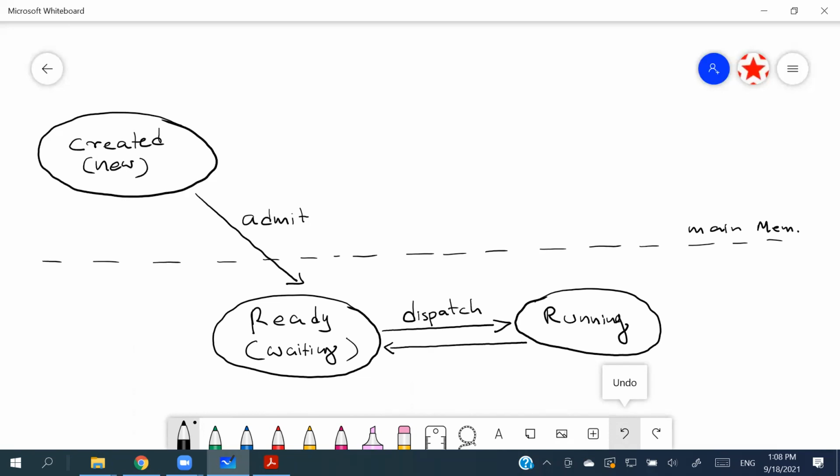Then again, the process will be moved to the RAM. Once it is moved to the RAM, there is no running state inside it, so it is given the waiting state again.